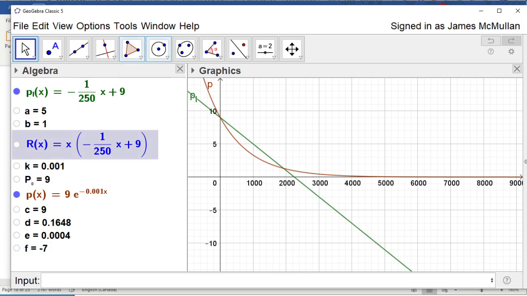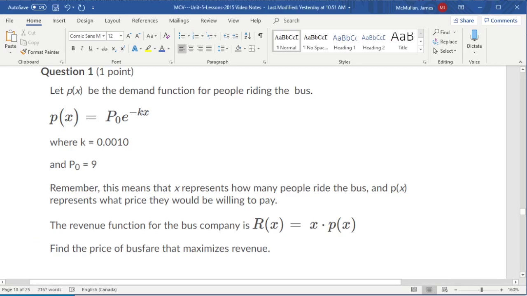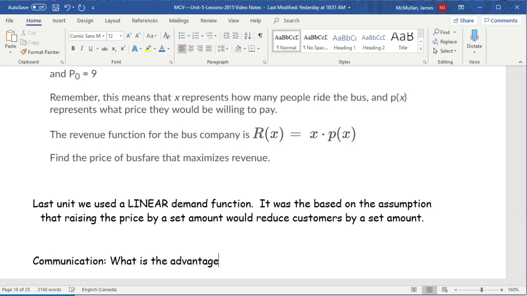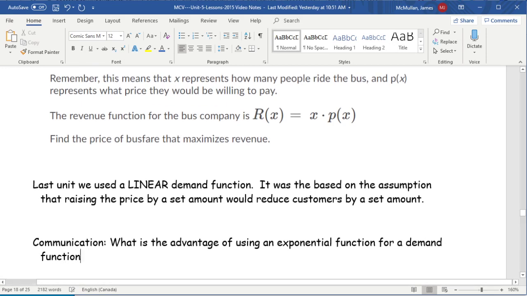So a communication question I could see asking you would be something like: what is the advantage of using an exponential function for a demand function, P of x, in an economic optimization question?